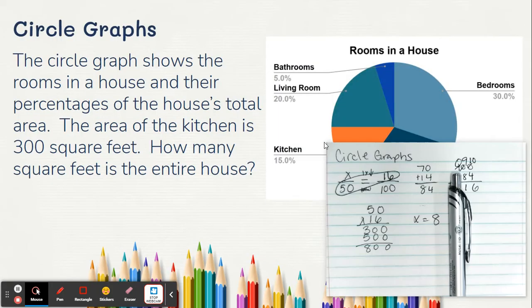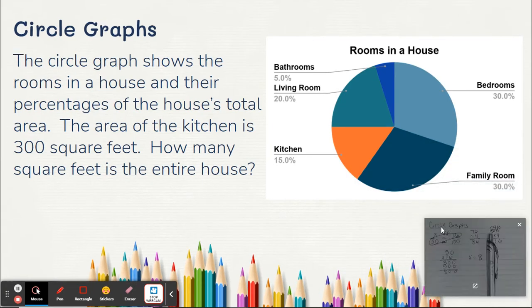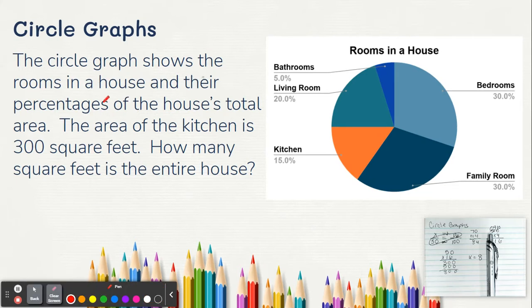Next one. Let's close this a little bit. The circle graph shows the rooms in a house and their percentages of the house's total area. So that's the total area. The area of the kitchen is 300 square feet. How many square feet is the entire house? Okay.